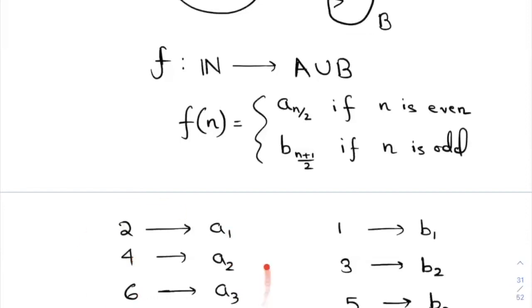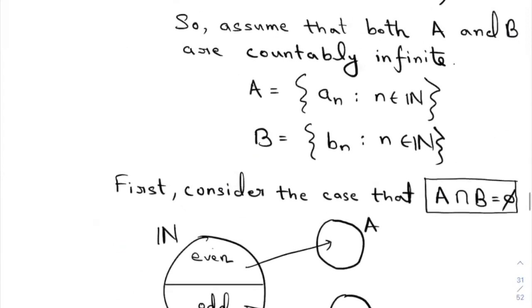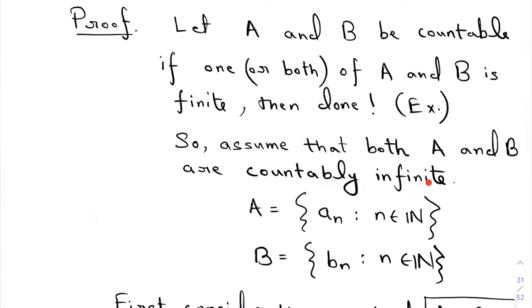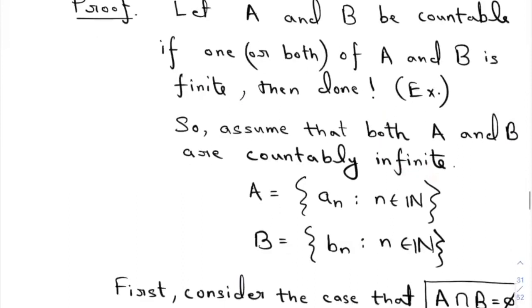By this assignment, I'm able to exhaust all the elements of A in a bijective fashion. Similarly, 1 is assigned to b_1, 3 is assigned to b_2, etcetera. So this takes care of all the elements of B. Here I'm assuming both A and B are countably infinite.